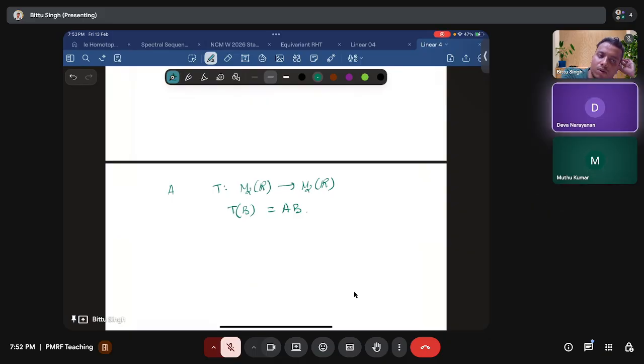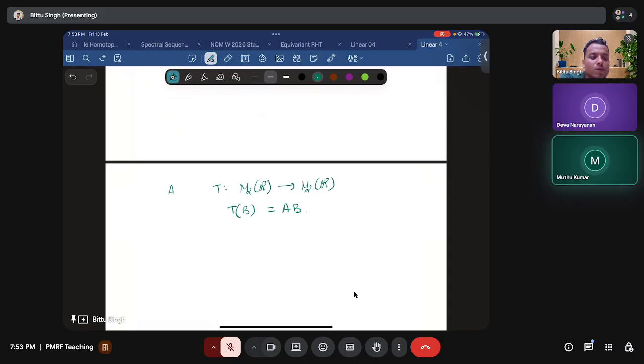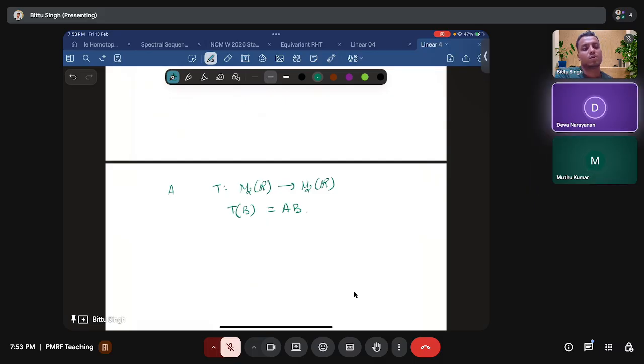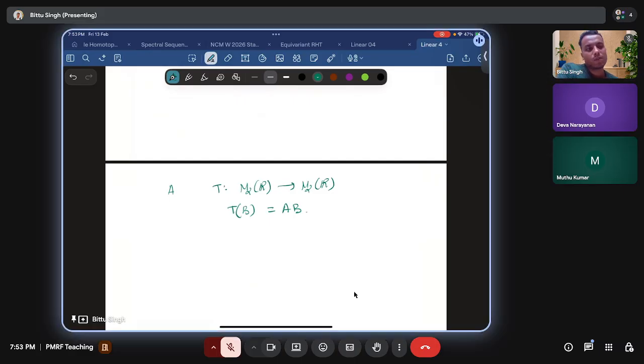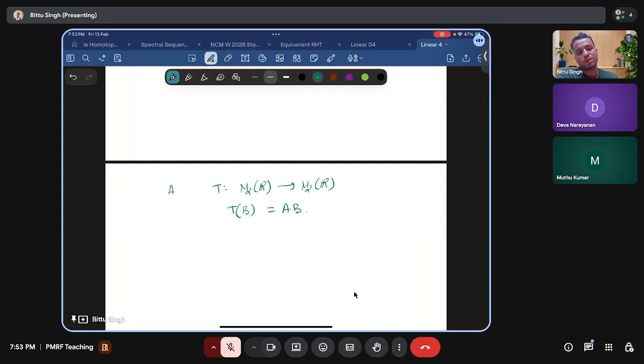In that case, the question should be different, sir, because the question clearly mentioned rank. It's the rank of the transformation, not the rank of the matrix. Oh, sorry. If it is the rank of the transformation, that is the dimension of the image, then in that case it is okay.